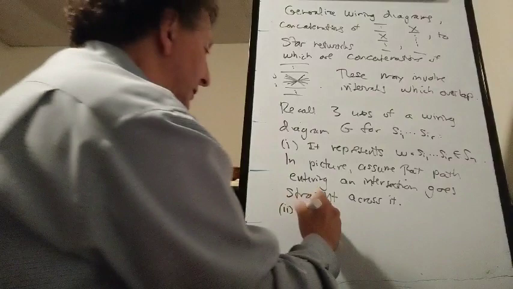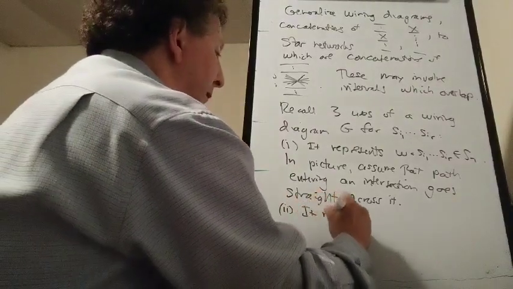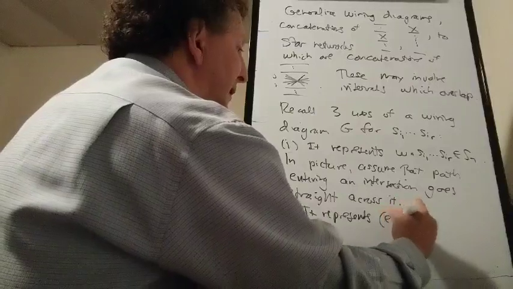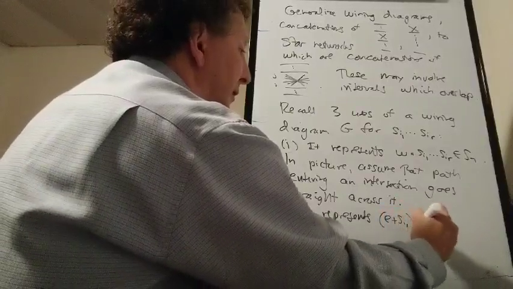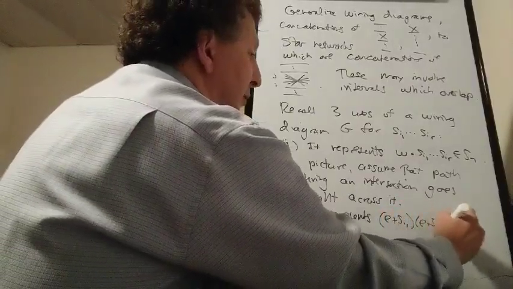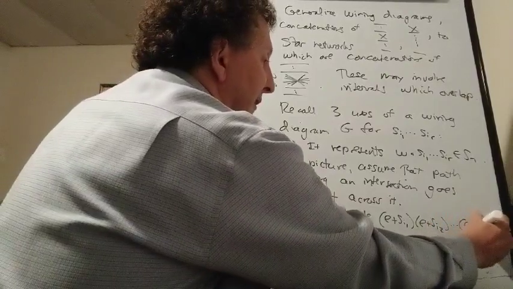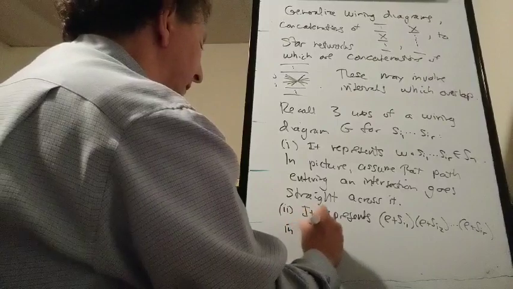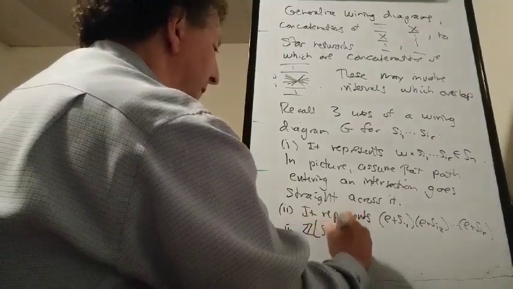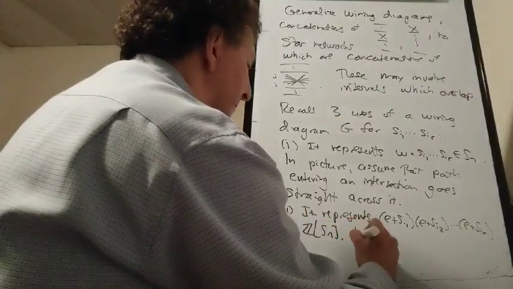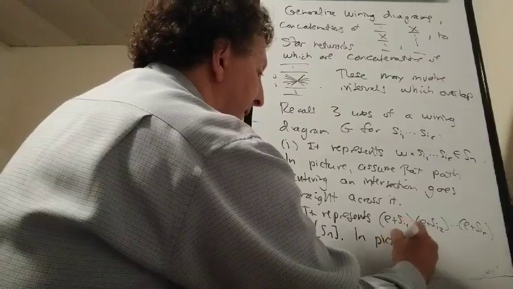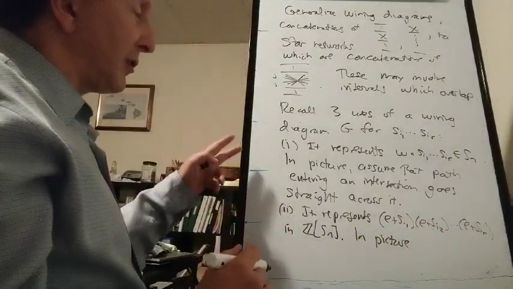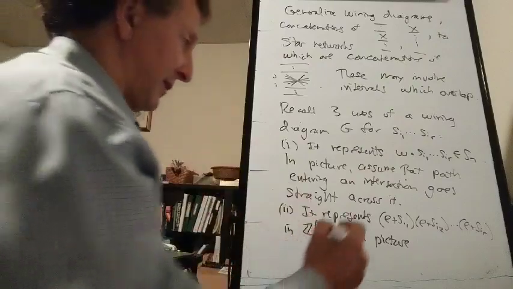The second use is it represents E plus S sub I1, E plus S sub I2, etc., up to E plus S sub IR. So this product in the group algebra. So in the picture, we imagine that we're covering the wiring diagram with all possible path families that cover it.